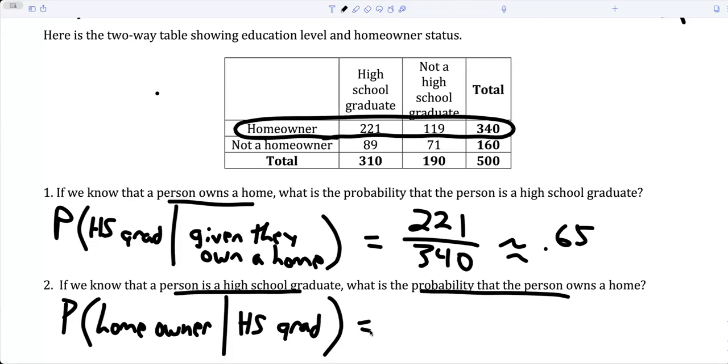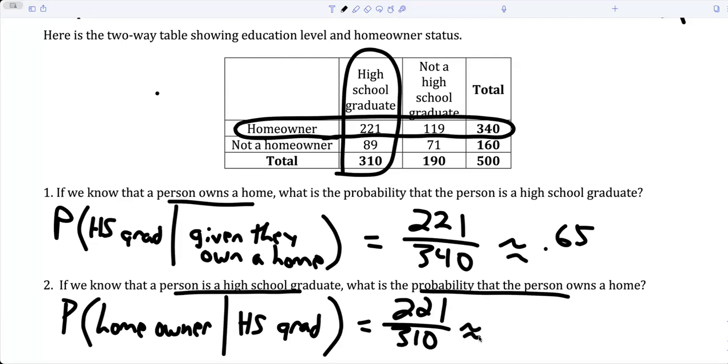So we're looking at this column. However, the intersection didn't change. It's still going to be 221. That's the intersection of homeowner and high school grad. But this time we're dividing by the total number of high school graduates, which is 310. Okay, and so that probability is roughly 71%, 0.71.